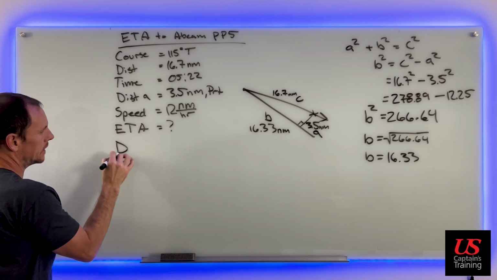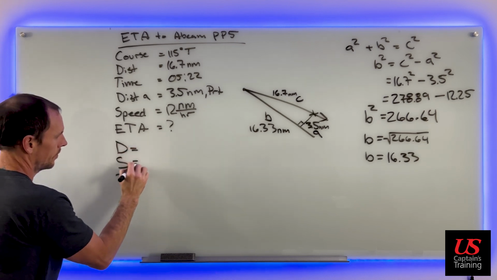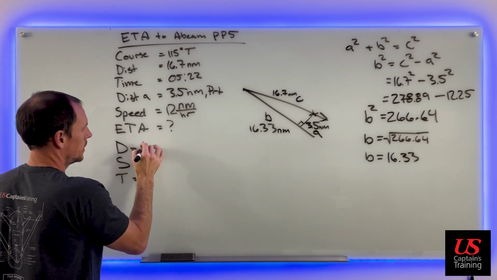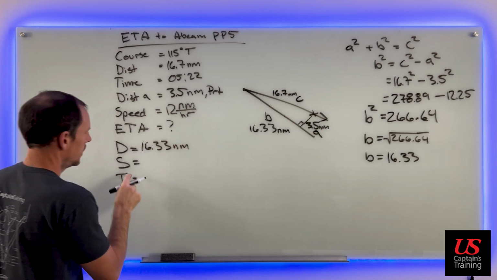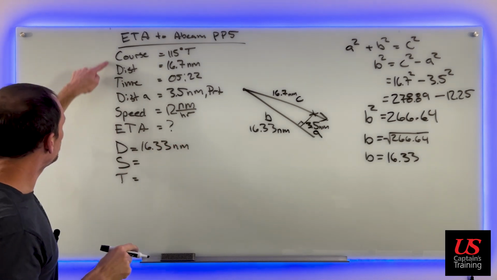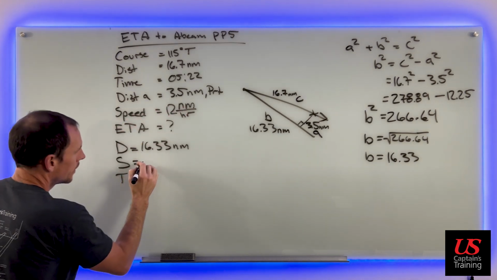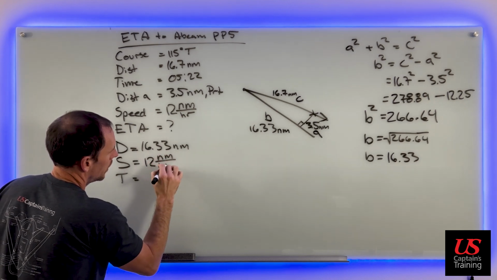So distance, speed, time. Distance is equal to 16.33 nautical miles. Speed, what was our speed? 12 nautical miles per hour.